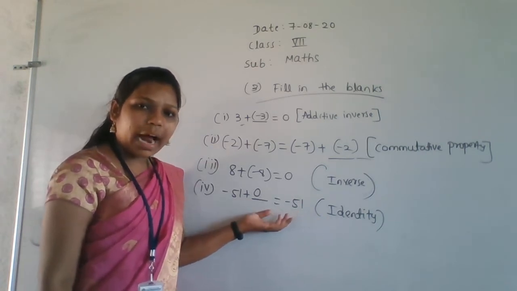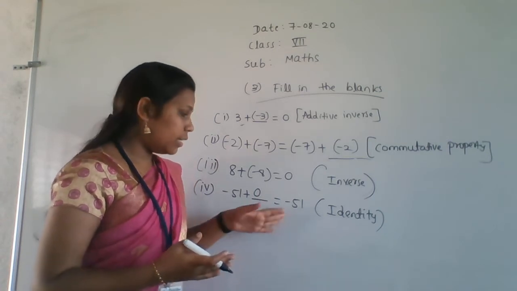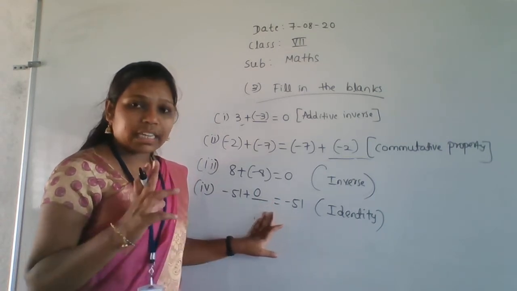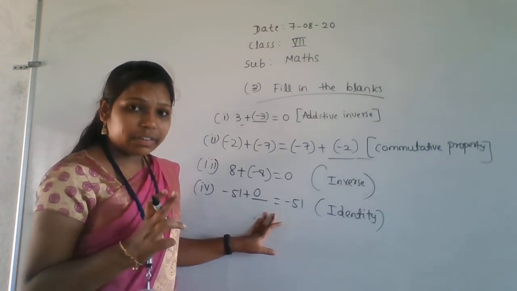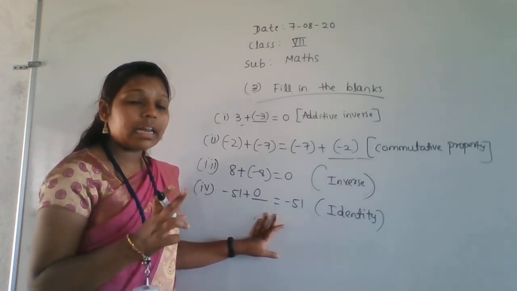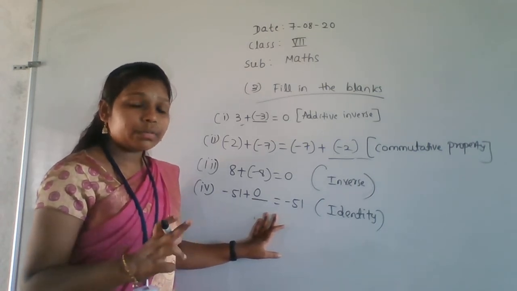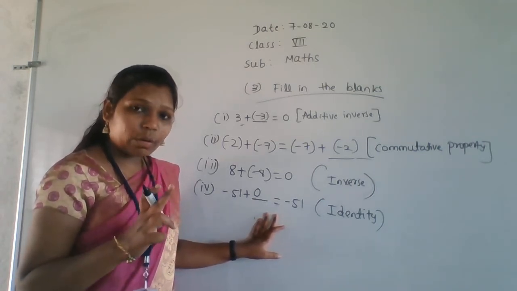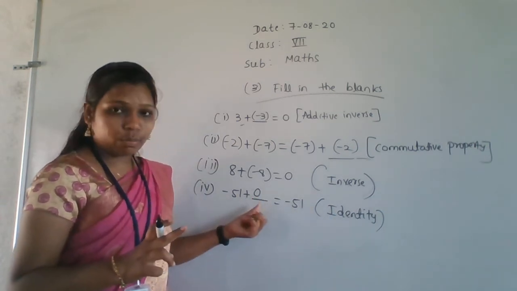What is the additive identity element? It is 0. Always keep it in your mind. If anyone asks you, tell them additive identity is always 0, and multiplicative identity is always 1.